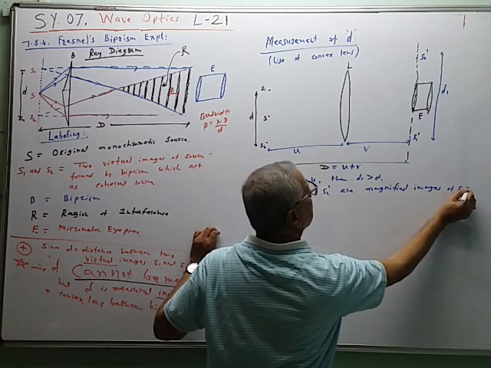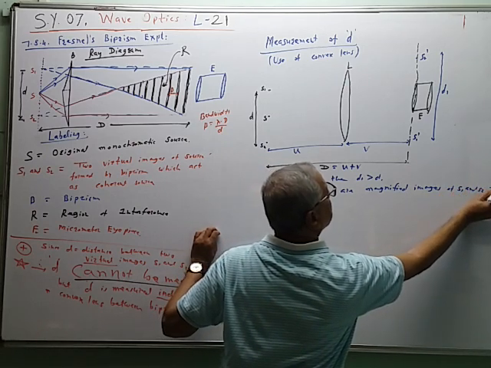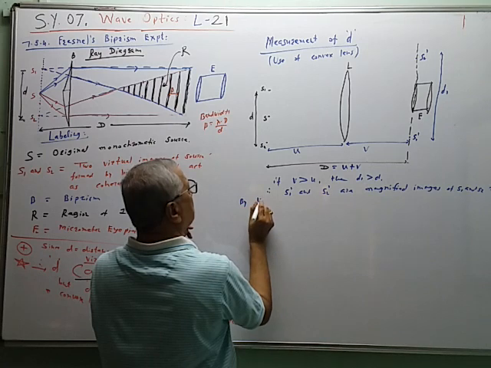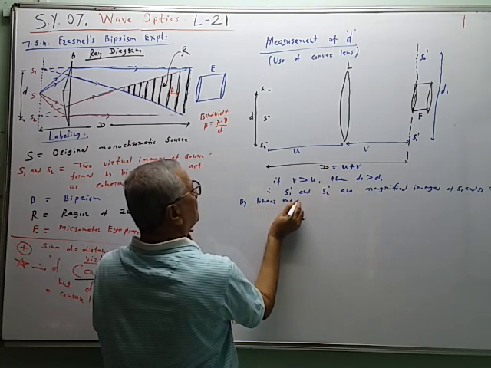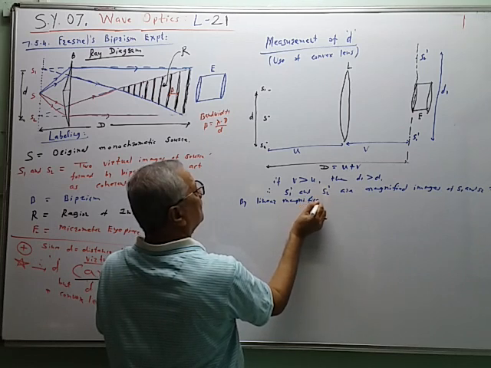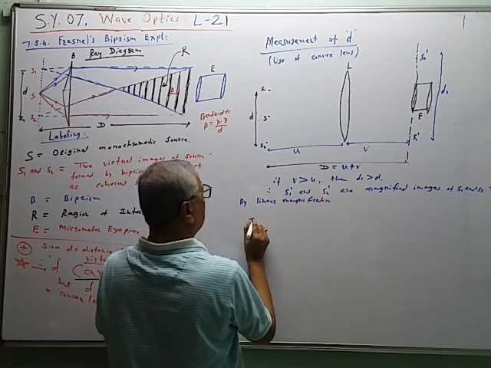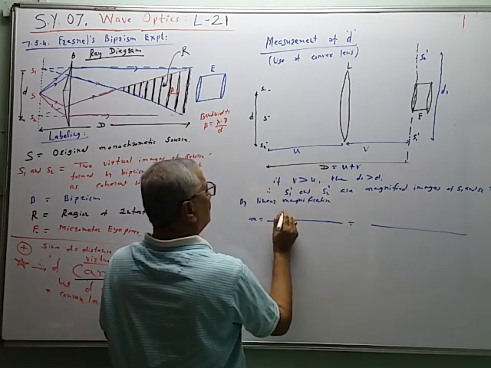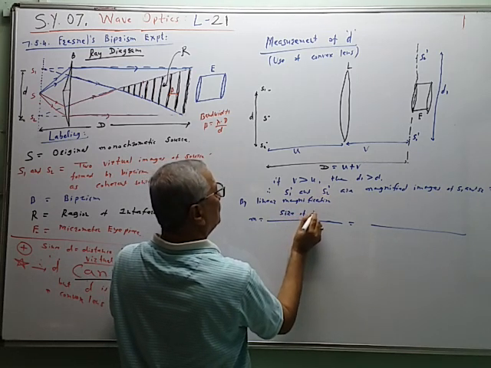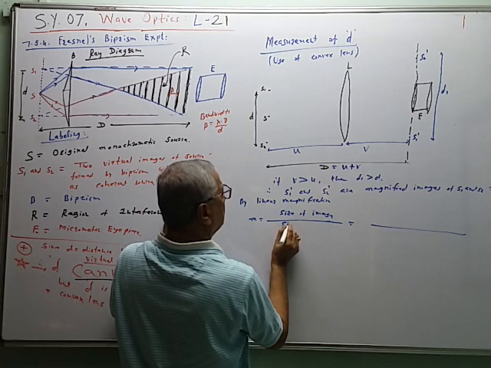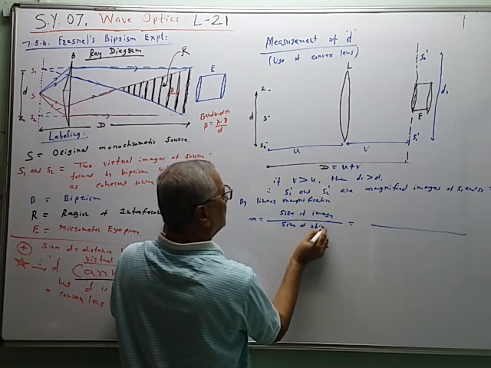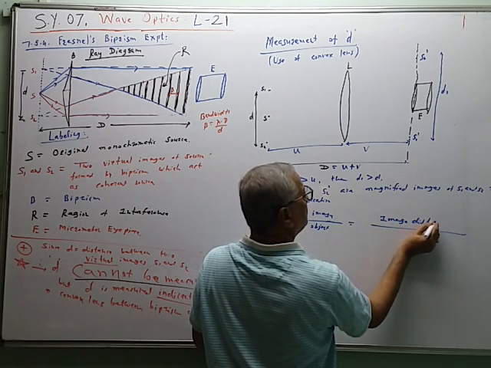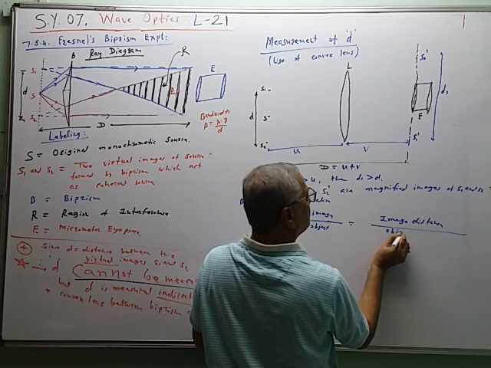of S1 and S2 respectively. By linear magnification, m is equal to, we have derived this formula, size of the image, or height of the image, upon size of the object, is equal to image distance upon object distance.